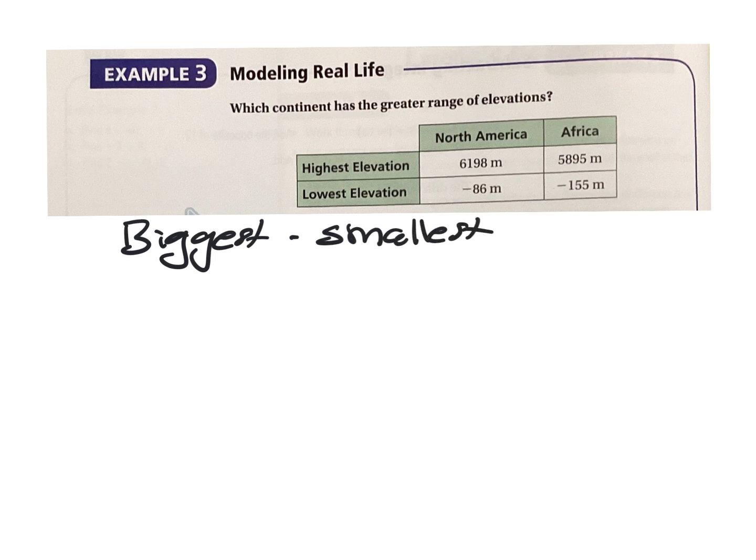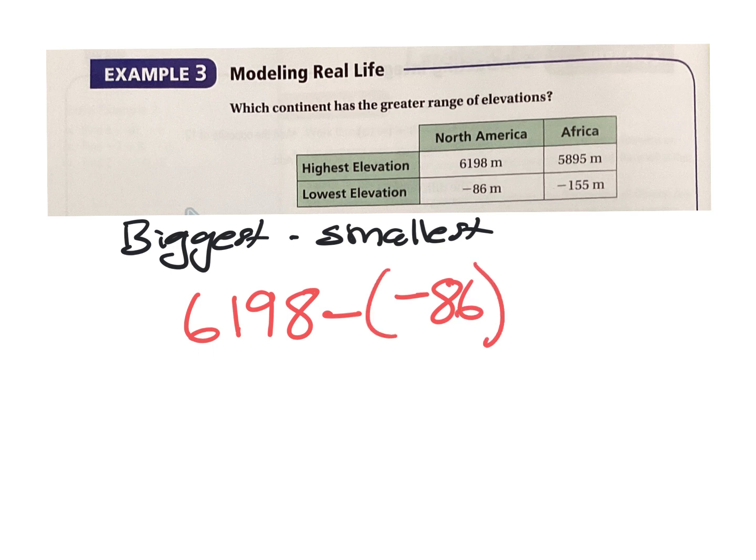So let's start with North America. In North America, we have 6,198, and we're going to subtract the smallest, which is -86. And we want to see what their range of elevation is. So it's a subtracting of a negative, so I'm going to change that to adding and make that its opposite.